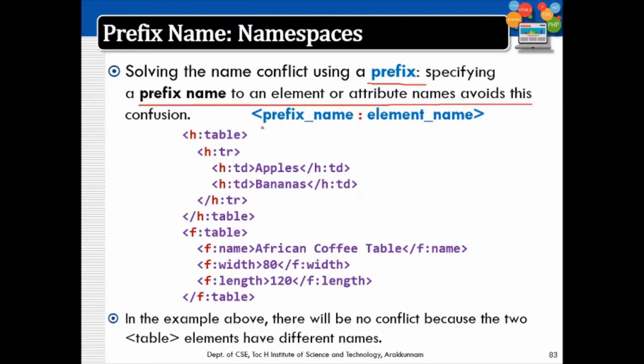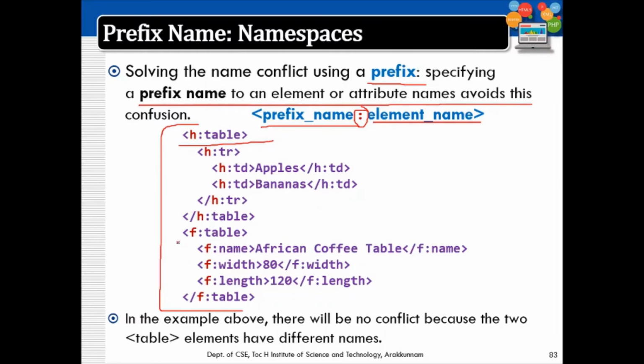This is the syntax: prefix name colon element name. Here is an example. I am using an H prefix for the first table, the fruits table. So I have to write all the tags of the fruit table with the prefix H colon. So h:table, h:tr, likewise.